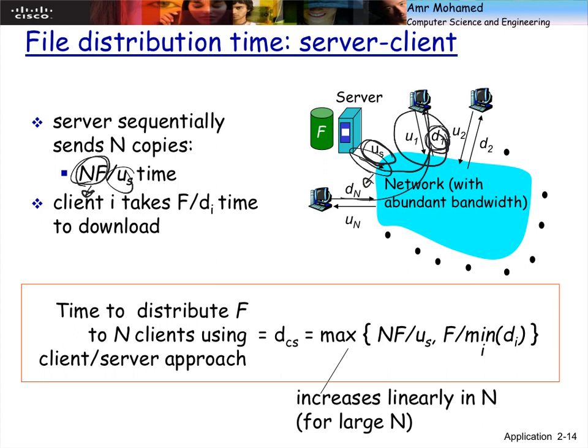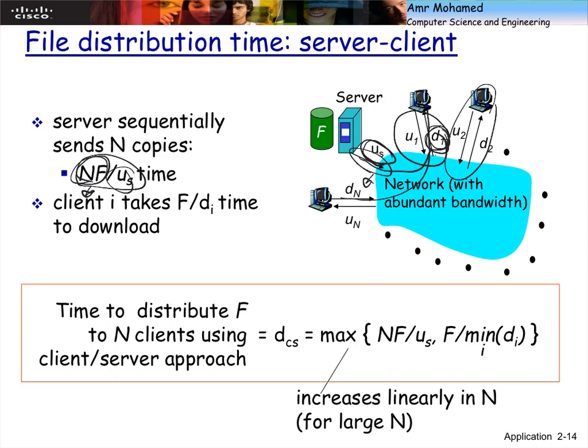If there is one that's really a bottleneck, then the time to send to this client is much higher than NF divided by US.